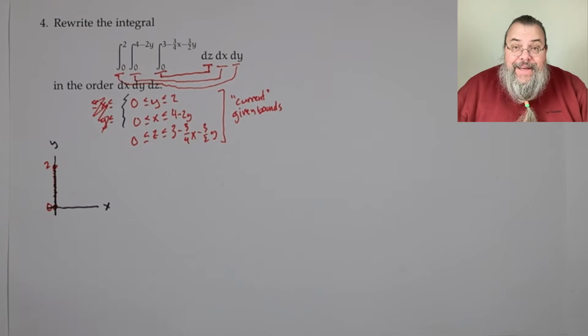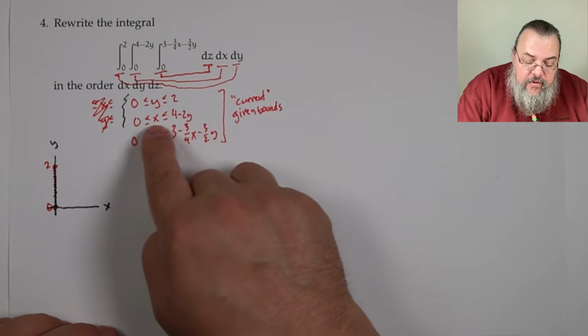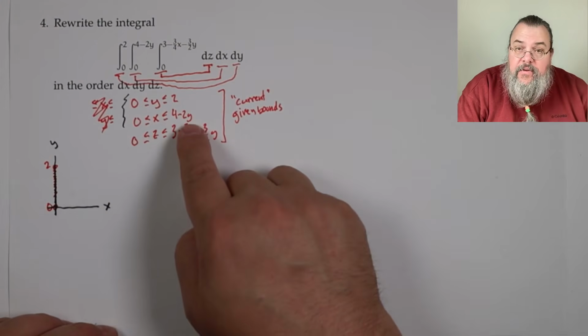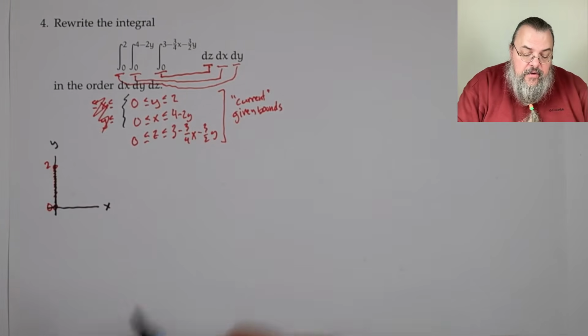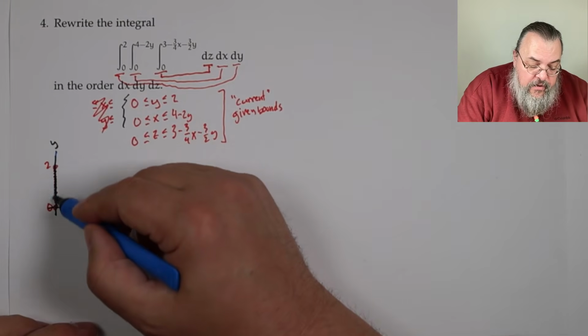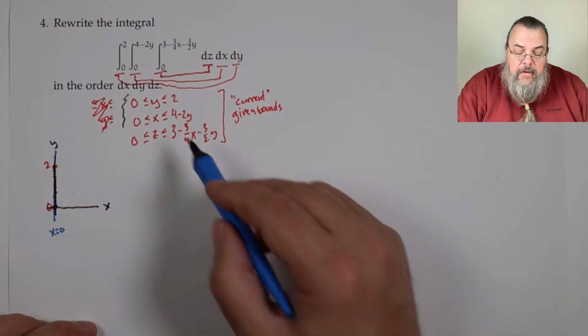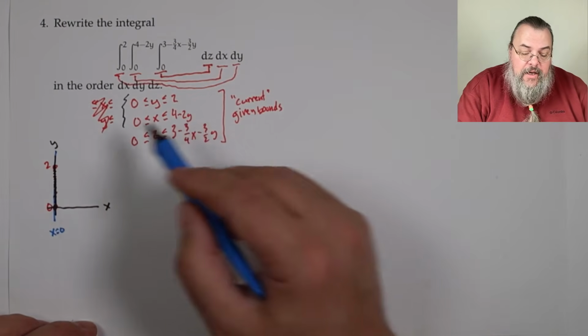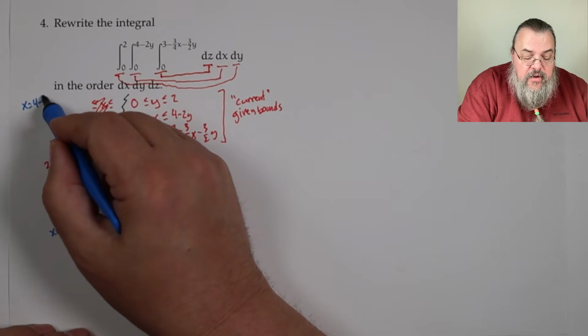Now, what about x? Well, what I'm told is that x goes 0 to 4 minus 2y. Now, x equals 0 has another name. It's called the y-axis. So that's x equals 0. X equals 4 minus 2y. Well, we can make some little computations here.